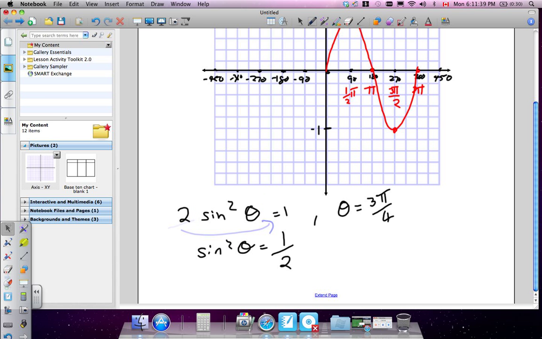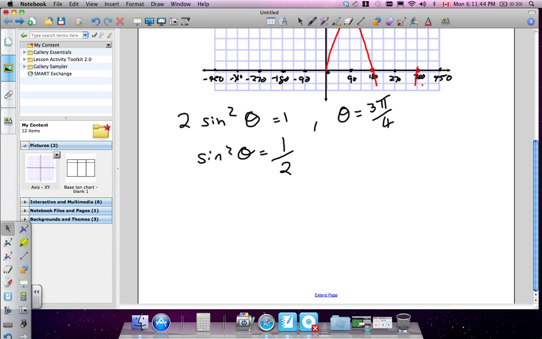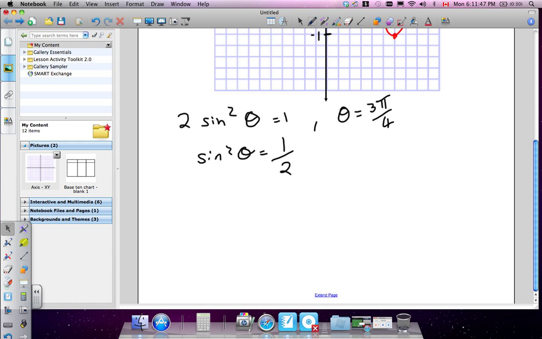And now I want to get rid of the square on this side, so I'd square root both sides. I end up with sine theta is equal to root of 1 over root of 2. I have to root both. Root of 1 is just 1, so 1 over root 2 is equal to sine theta.